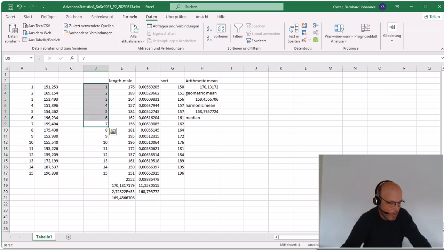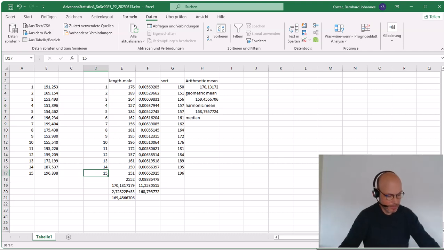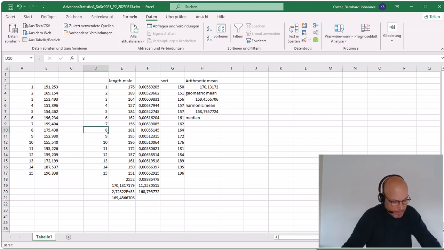So if we have an odd number for our data set, then you really can choose the value in the middle, because 164 here, this is the data point which divides just, we have 50% then lower and 50% higher. So this would be our median.